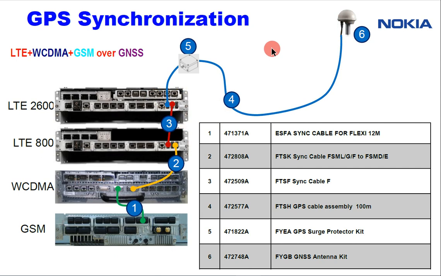So which technology will we connect first? First we need to connect in 4G technology, LTE 2600. This is the higher band, and then we need to connect in the lower band, LTE 800.